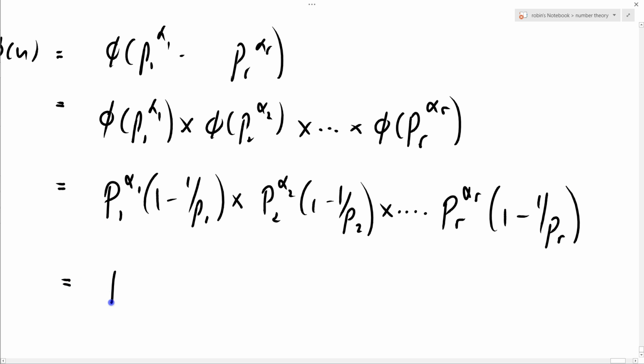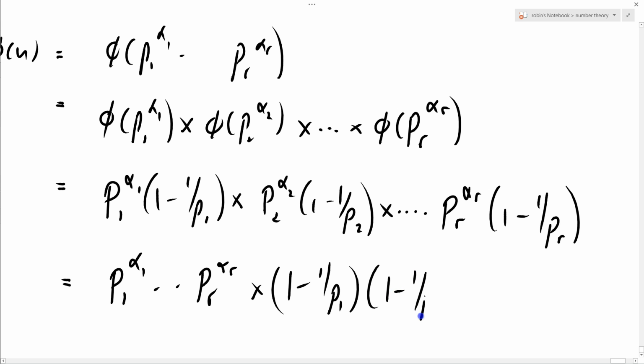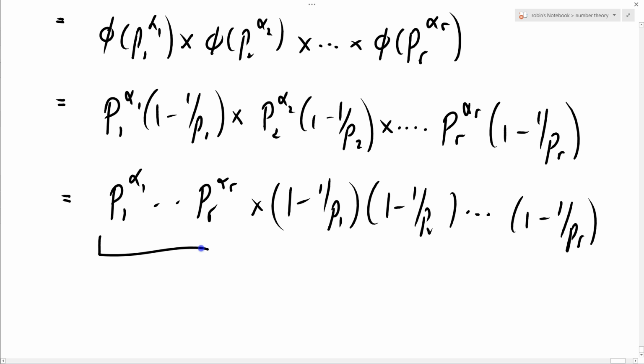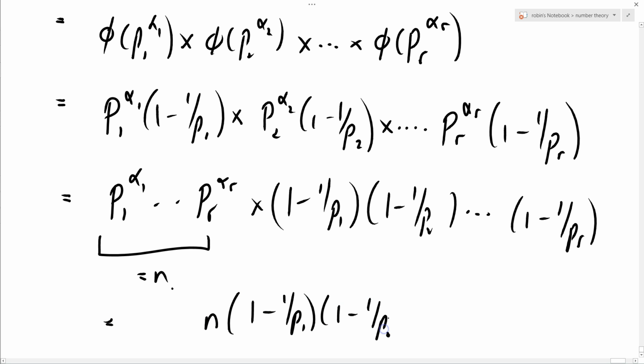That equals p1 to the alpha 1 all the way through to pr to the alpha r, just collecting those terms together, times 1 minus 1 over p1, 1 minus 1 over p2, and so on, 1 minus 1 over pr. And then I observe that the first part equals n, which is quite nice, so this equals n times 1 minus 1 over p1, 1 minus 1 over p2, and so on, 1 minus 1 over pr.